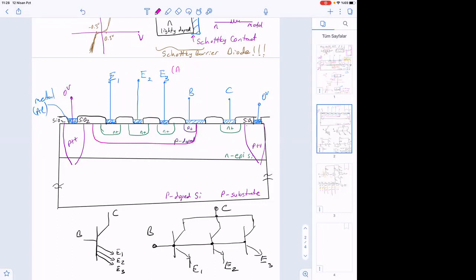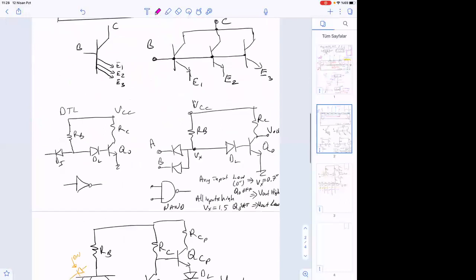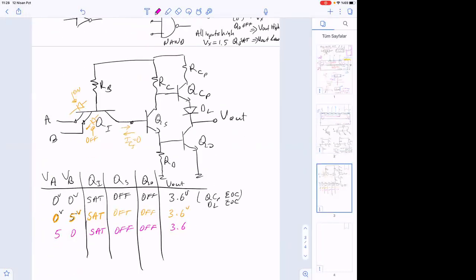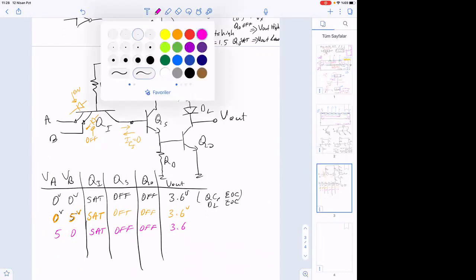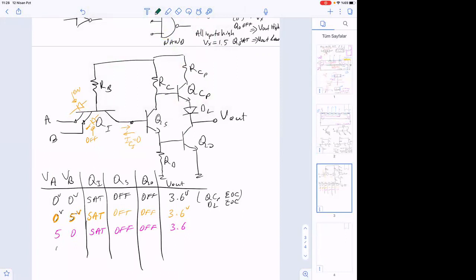So we are talking about the BJT used in this structure. If all of the junctions are off, so if we have 5 volt here and 5 volt here, then this junction will be on, but these are going to be off. So this is going to be in reverse active. And if it is reverse active, QS will be in SAT. This will be in SAT. Output is going to be 0.2 volt.